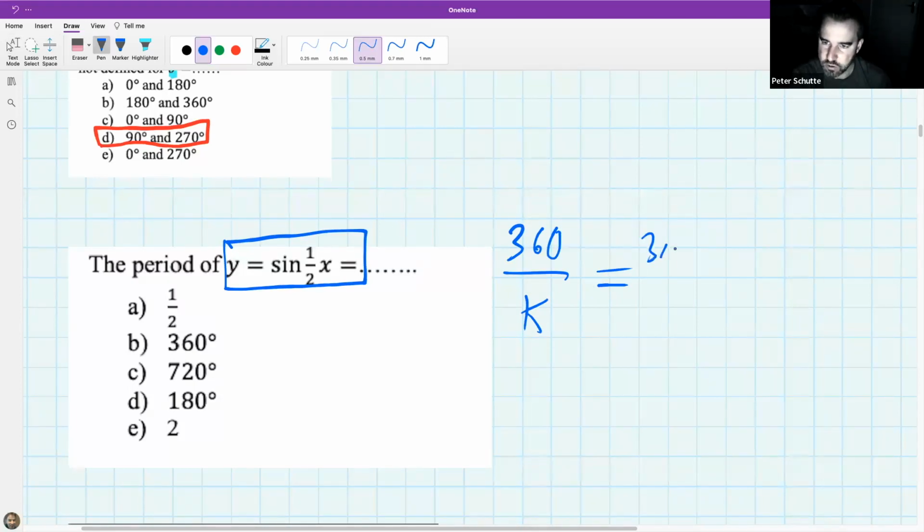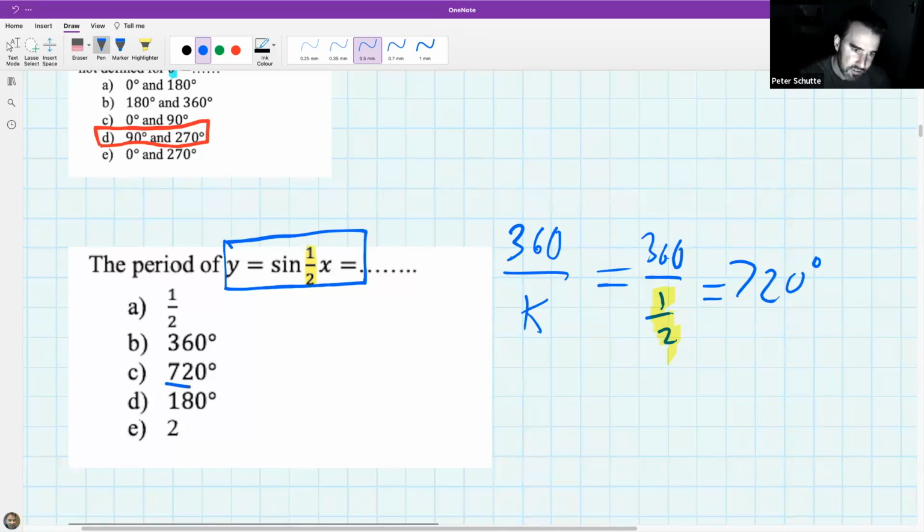Now this value is going to be 360 divided by a half, so 360 divided by a half is actually going to be 720 degrees, which is going to be C. So watch out for that, because when you divide by a fraction, you actually get a bigger number. So it's increased the period.